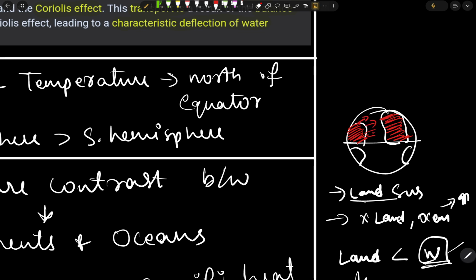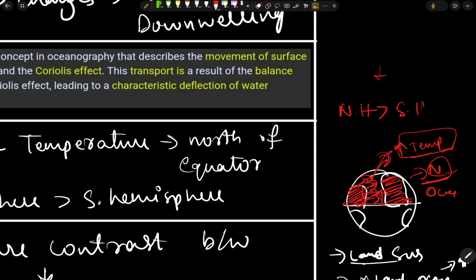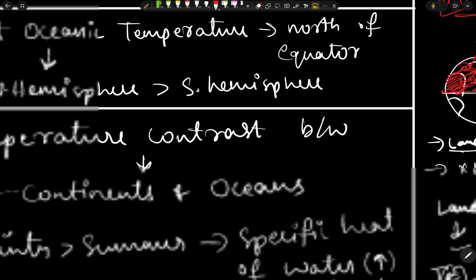The ocean also warms up and its temperature increases because the land transfers its energy to the ocean. That's why the northern hemisphere, towards the north of the equator, has the highest oceanic temperature compared to the south of the equator. And also, the northern hemisphere is warmer than the southern hemisphere. This thing we need to remember.